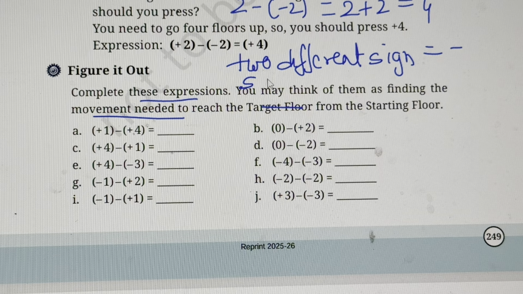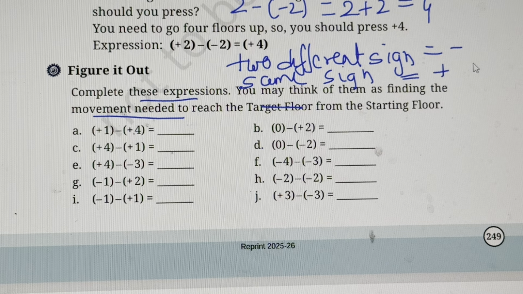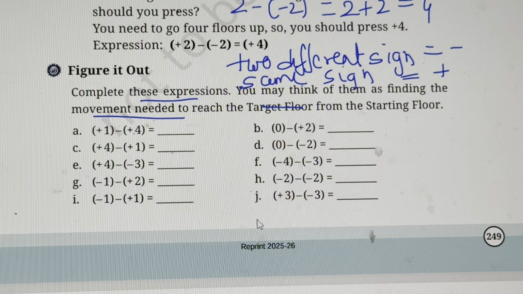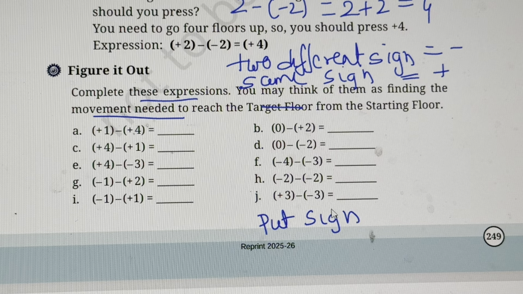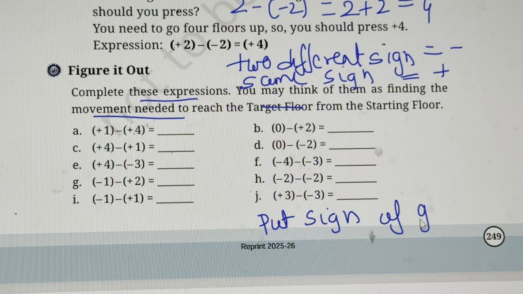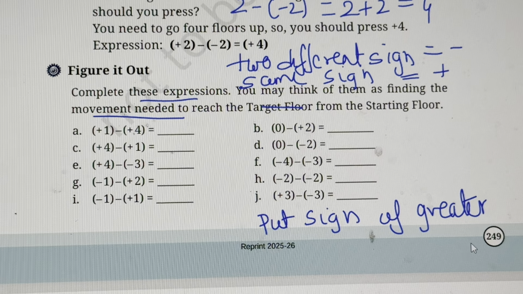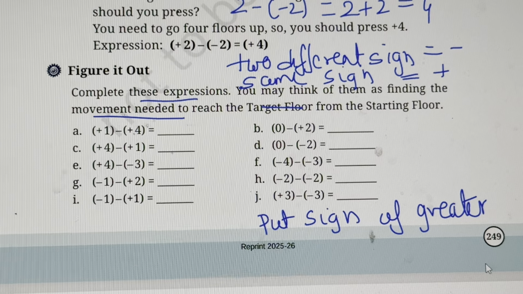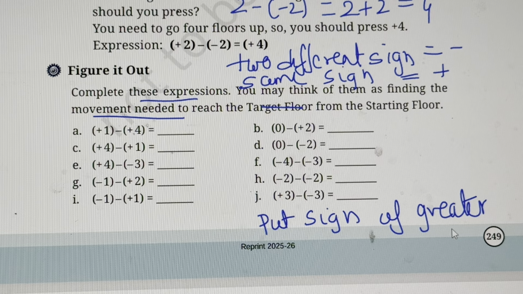Same sign means it becomes plus, right? Also, at the end, you will put the sign of whichever is the greater number. Not in the sense of positive or negative, just without the sign, whichever is greater. If it has negative sign, the answer will be negative. If it is positive sign, the answer will be positive.